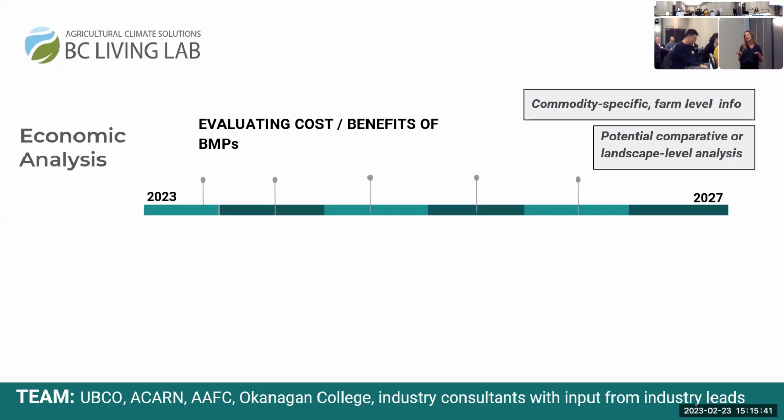We want to look at where we can be more consistent so that there is an opportunity to not just get the commodity specific farm level analysis, but also have a potential to compare across different types of commodities and look at some landscape level analysis as well. And that would be taking place all the years that those trials are taking place.